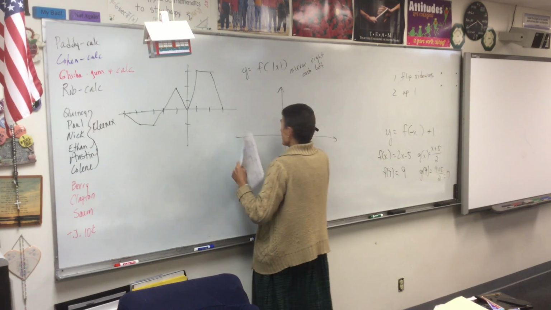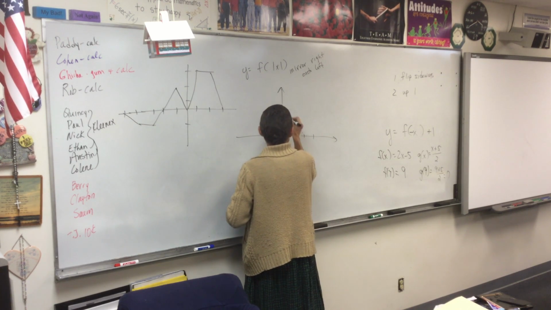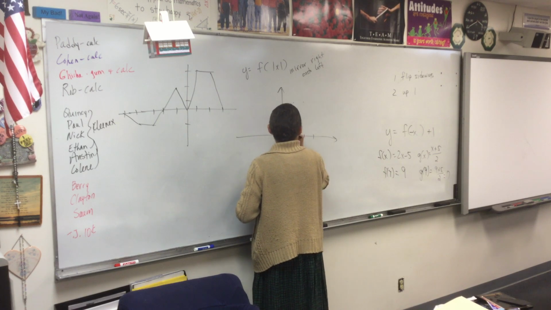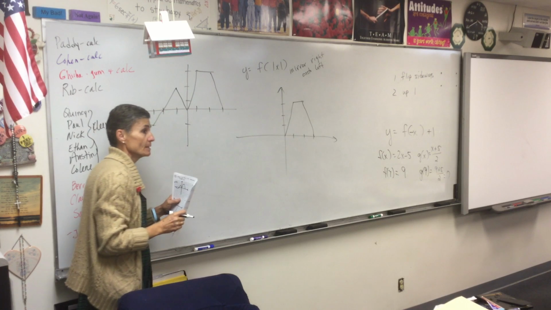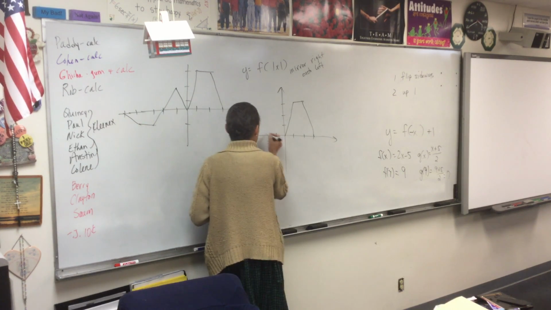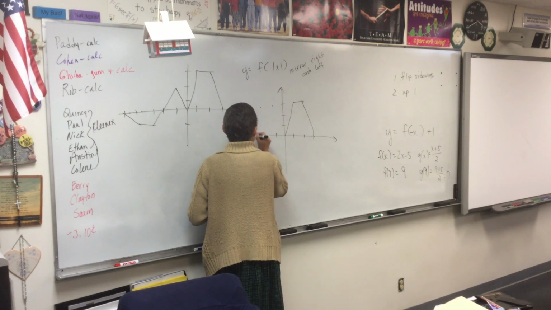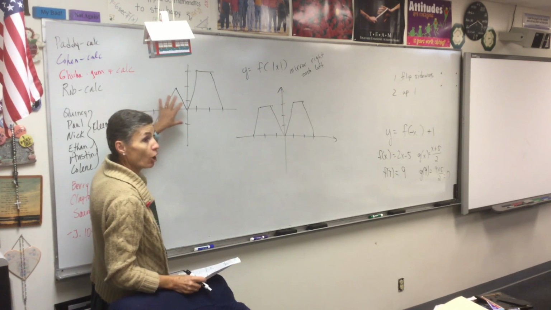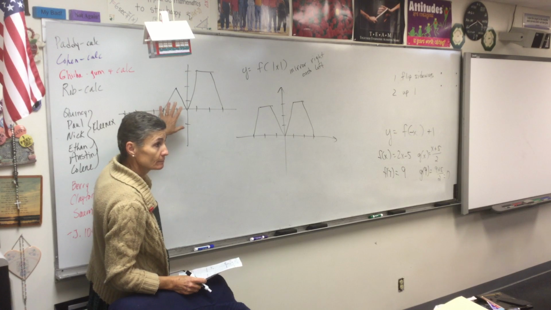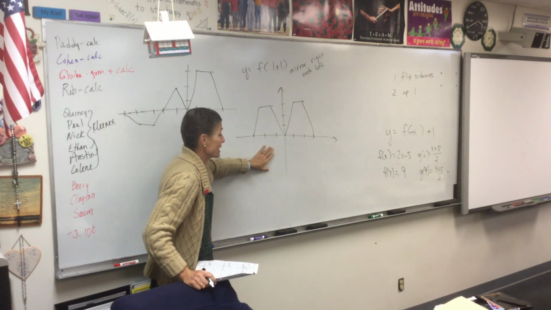So my right side is my big trapezoid. So there's my big trapezoid on the right side. And then that's going to get mirrored onto the left side. What happens to all this? It's gone. Just gone. Disappears. That's the answer to part A.